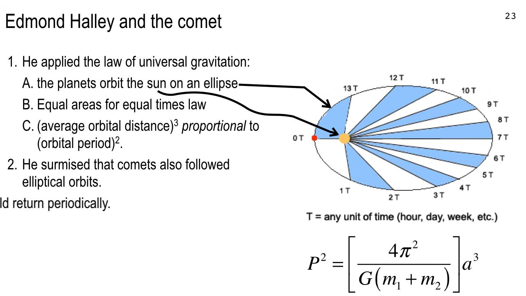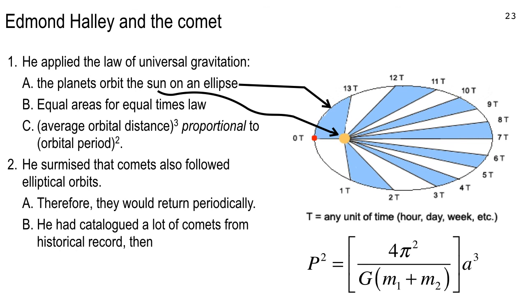And he said that comets follow elliptical orbits too, and therefore they would return periodically. And since they would be returning periodically, he should be able to predict them.